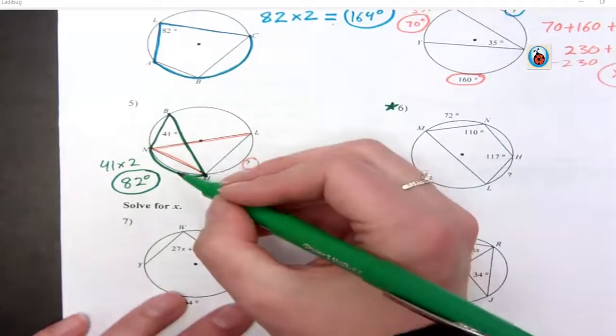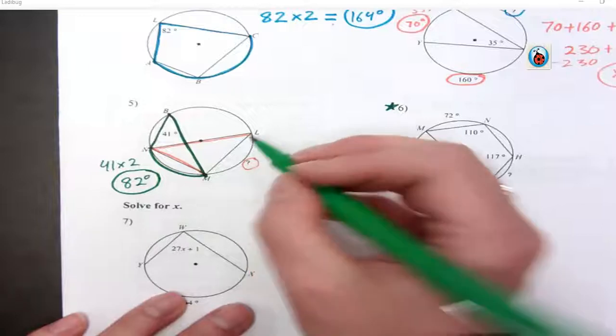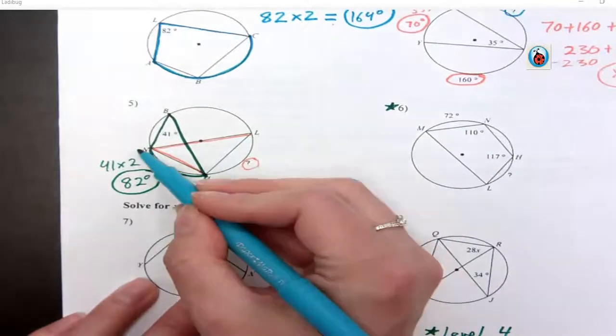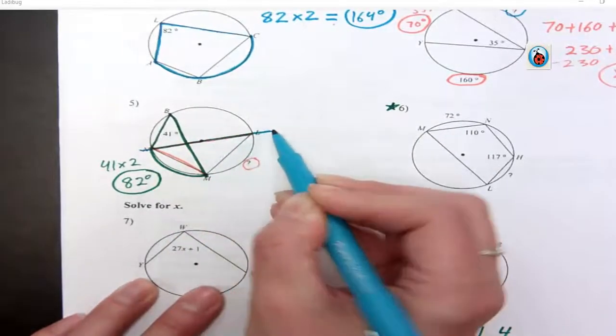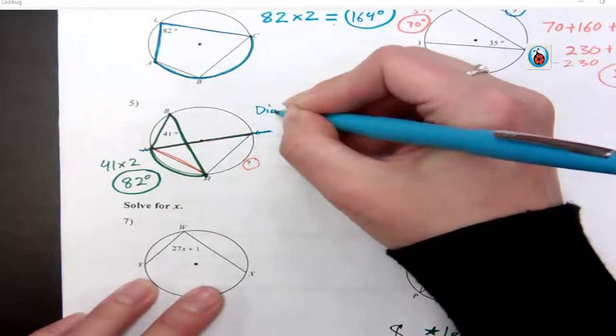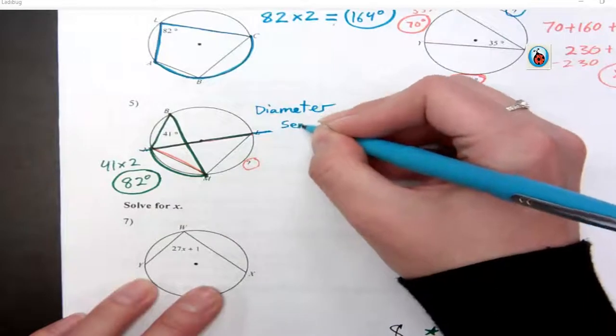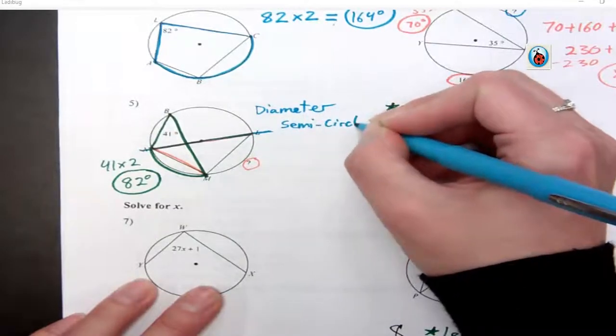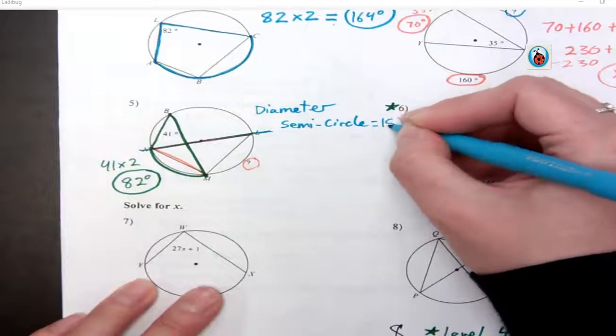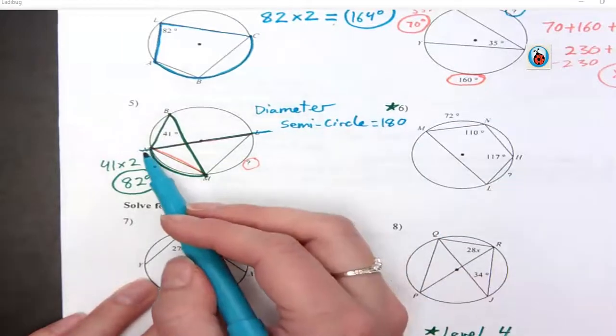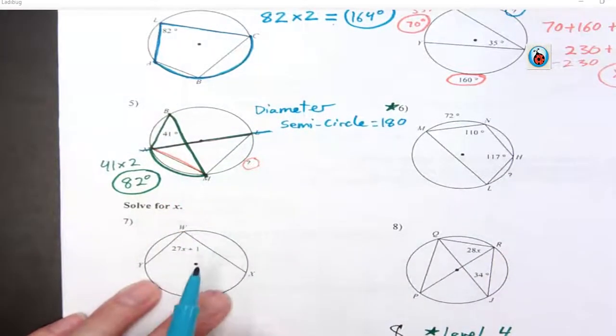So if I know this is 82 and I'm trying to find this, I come back and look, I have a diameter here. So if I have a diameter, my semicircle equals 180 degrees. Or if you're thinking angles, a straight line equals 180 degrees.